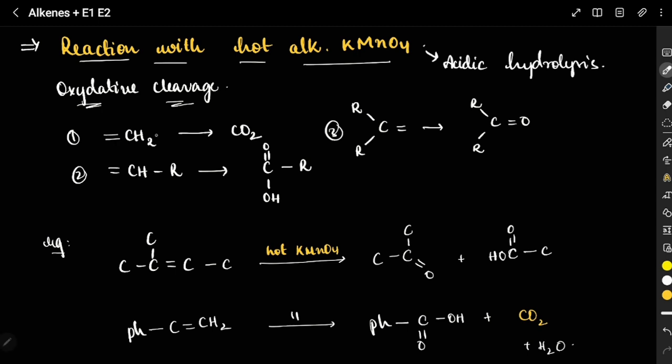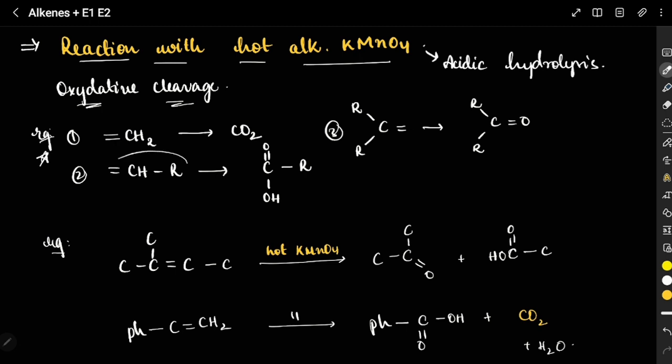Now these are the examples you have to remember. For example, if there is a terminal alkene like this, with the double bond CH2 at the end, it would immediately turn into CO2. If there is a middle alkene like this, just an oxygen is added on this double bond and a ketone is formed.